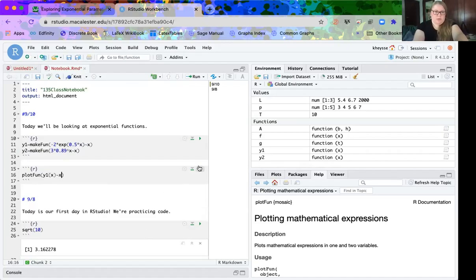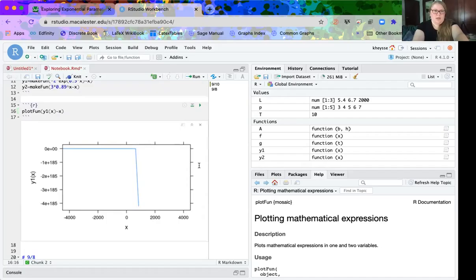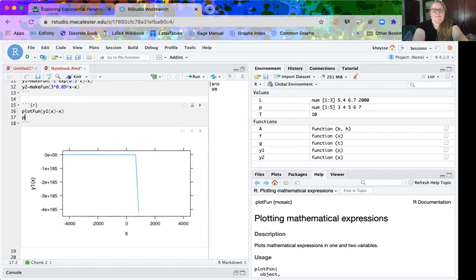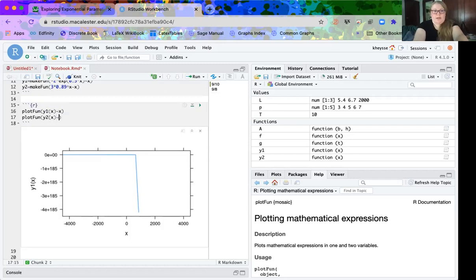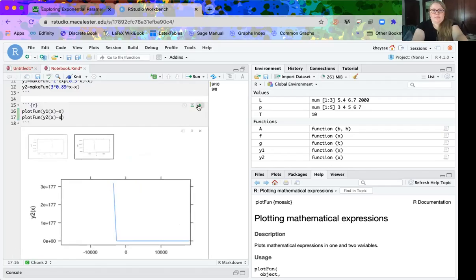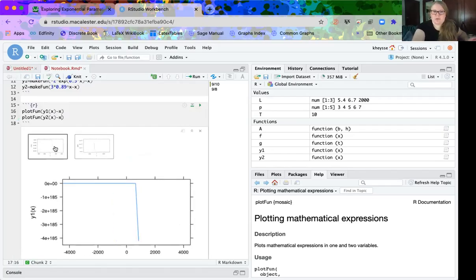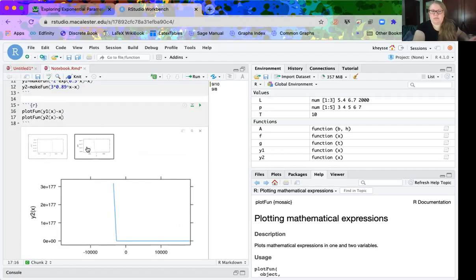Make sure that this runs. And we get something a little ridiculous, so we'll get back to that. Plot fun of y2 in terms of x. If I run that, maybe unsurprising, I get 2 different plots because I asked them to plot separately. It gave me one, and then it gave me the other.